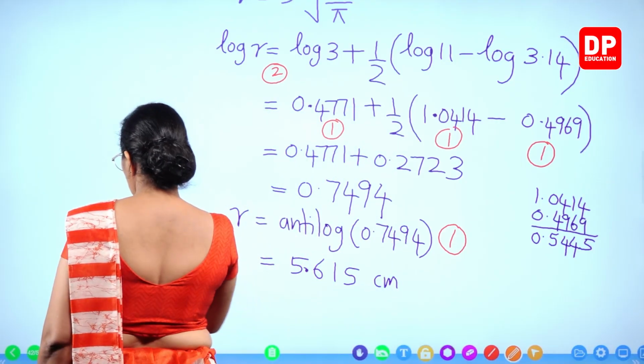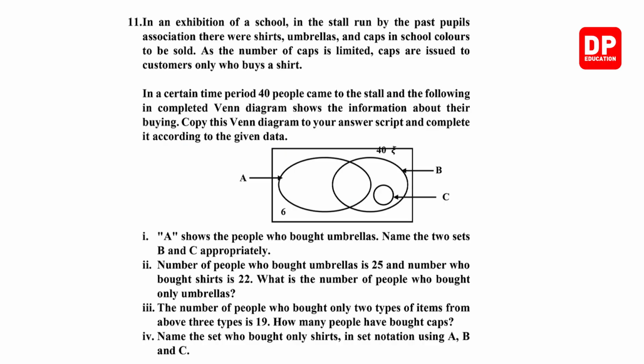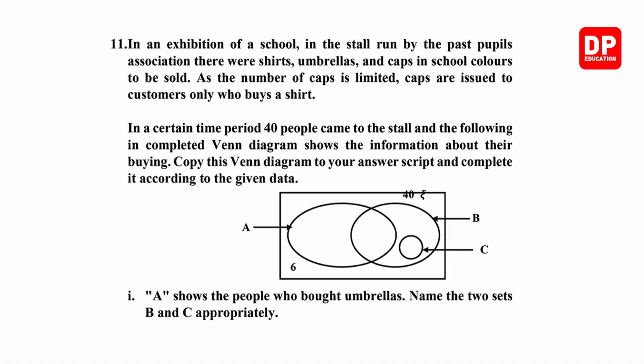Let's do the next question. Question number 11, that's sets question. In an exhibition of a school in the stall run by Past Pupils Association, there were shirts, umbrellas and caps in school colors to be sold. As the number of caps is limited, caps are issued to customers only who buys a shirt.